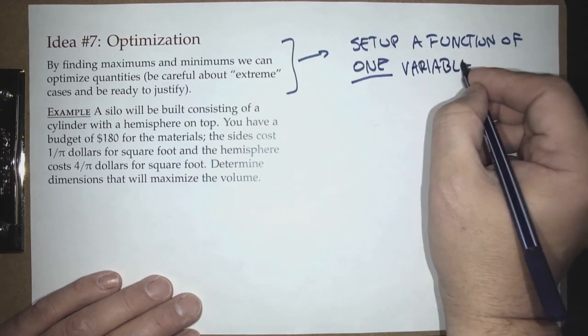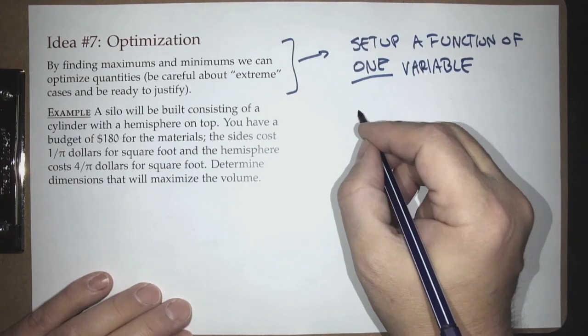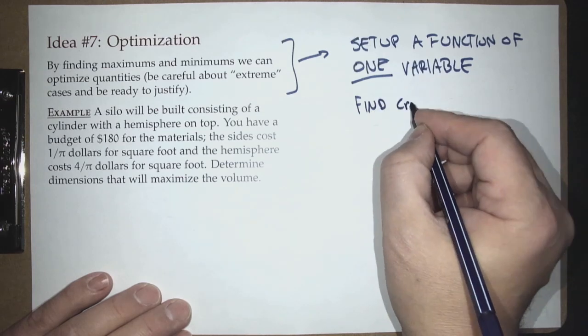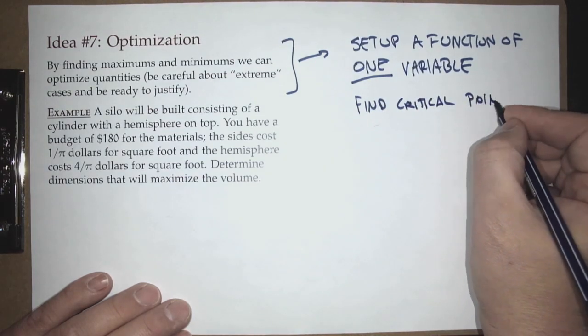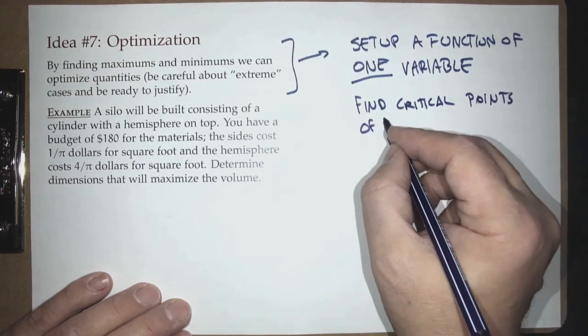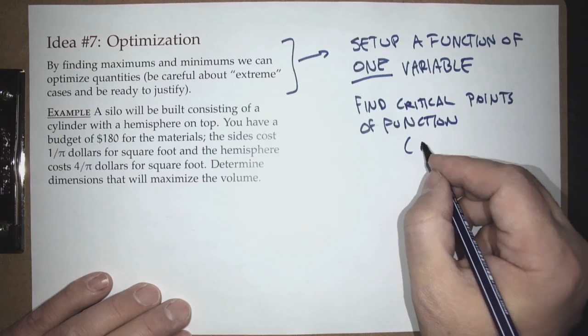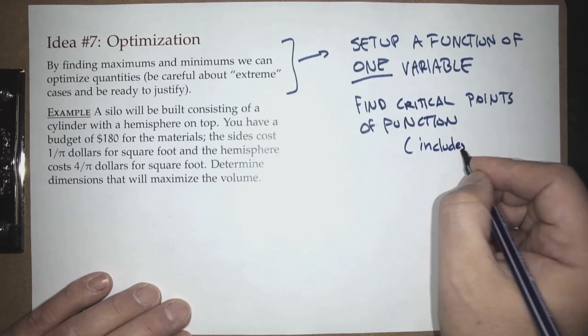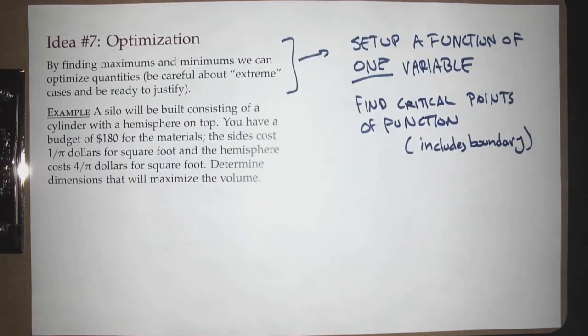Once we have that down to a function of one variable, we're going to say, okay, what's the right choice? So we do this by finding the critical points. And then we are going to check. Now, keep in mind, critical points includes boundary. So it can happen that you might say, well, the best thing to do is to go to an extreme case, so a boundary case.